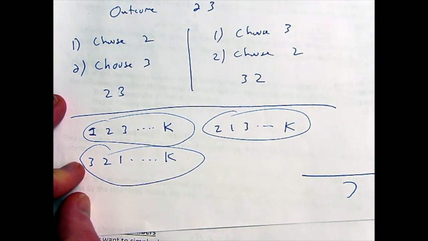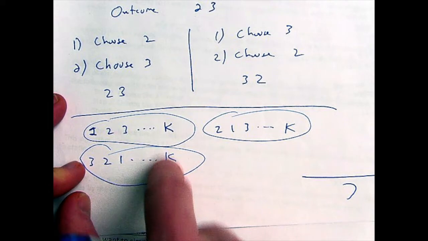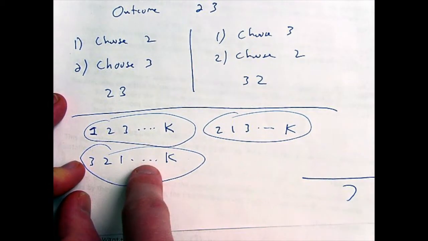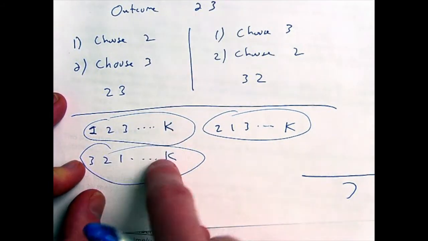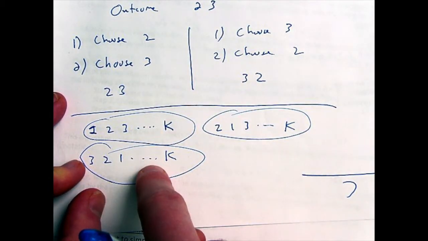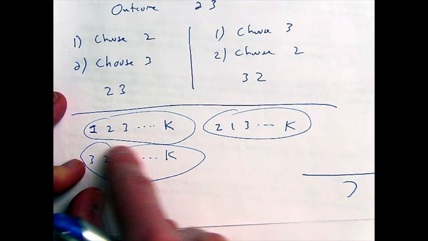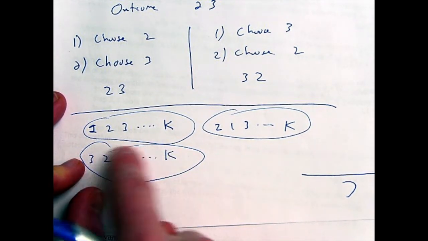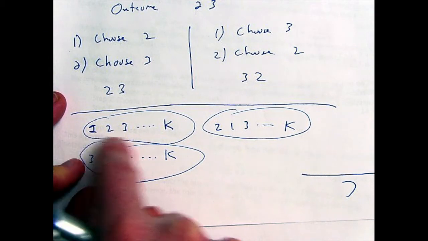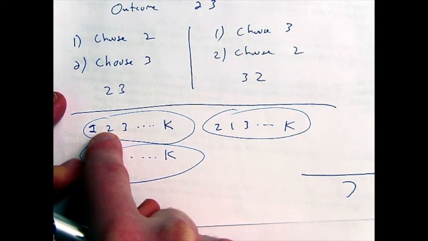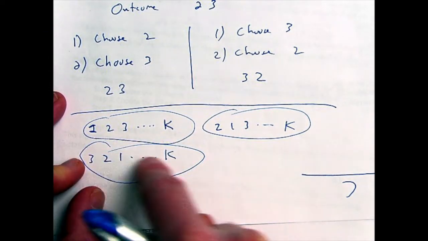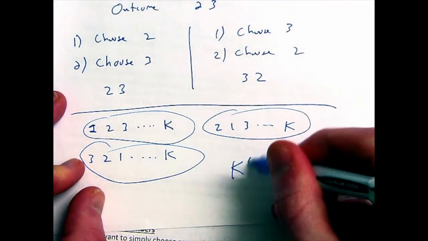Basically, for every permutation, every rearrangement of this expression, the algorithm counts that object once. And so therefore, the number of times that this outcome gets counted is exactly the number of permutations of this expression, the number of rearrangements. Now, the number of permutations of this expression is exactly k factorial.